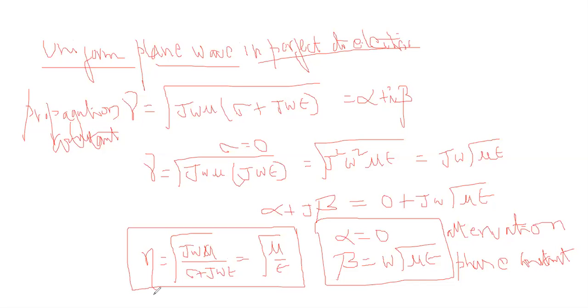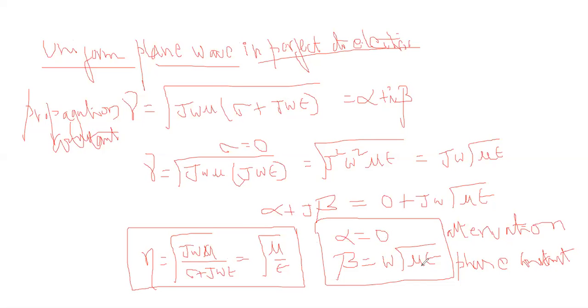When there is an alpha value, it is a practical dielectric. Here, sigma is 0 for the ideal condition, and sigma having some value is the practical dielectric, which is the difference. For the ideal perfect dielectric, sigma is equal to 0 and alpha is equal to 0, and we get the propagation constant gamma.